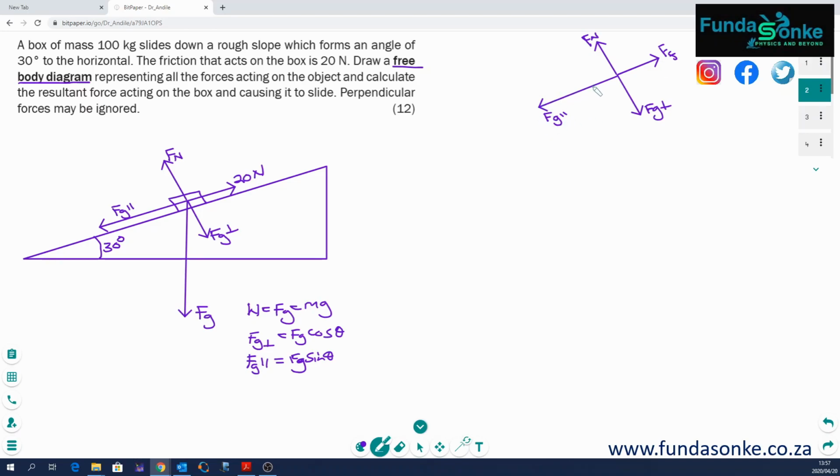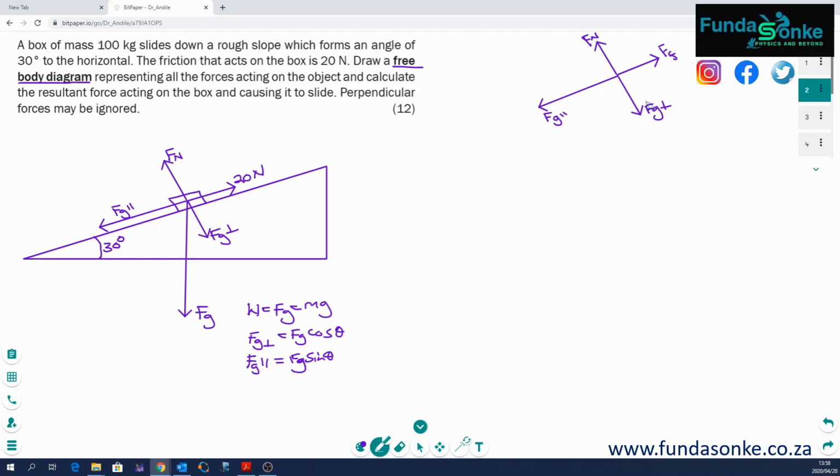Okay, now since we are told that the mass is going to slide down the surface, it means the magnitude of our Fg parallel is much greater than our frictional force. That's why you see that the arrow for our Fg parallel is longer than the frictional force.